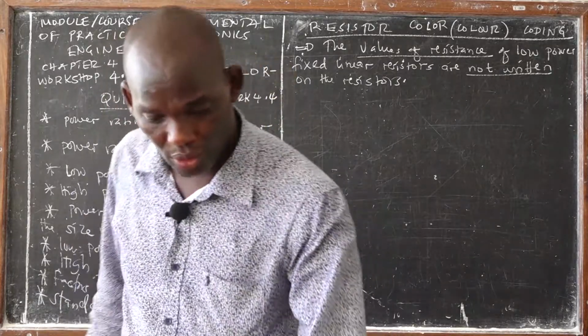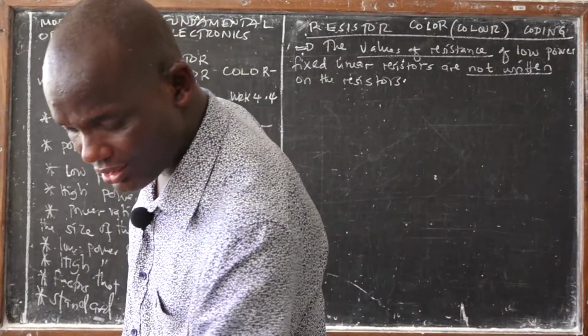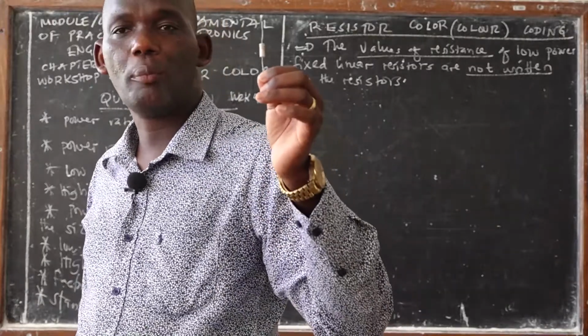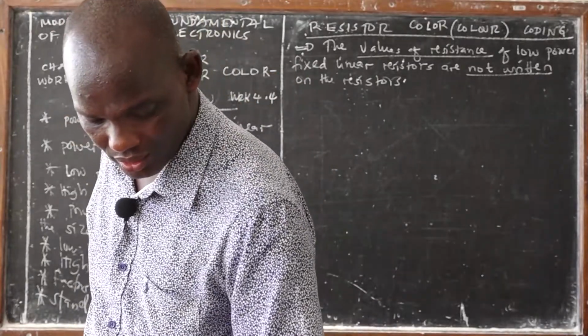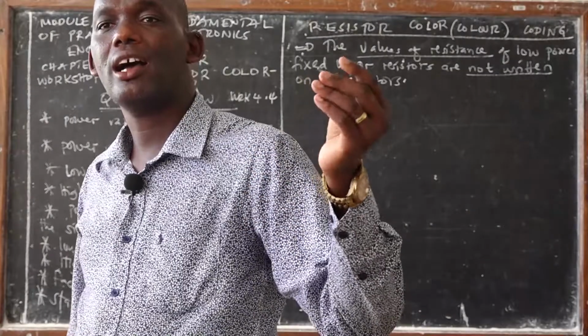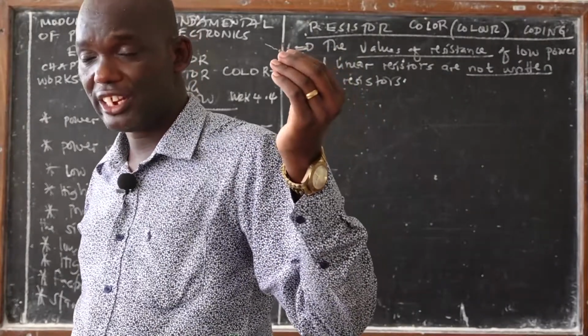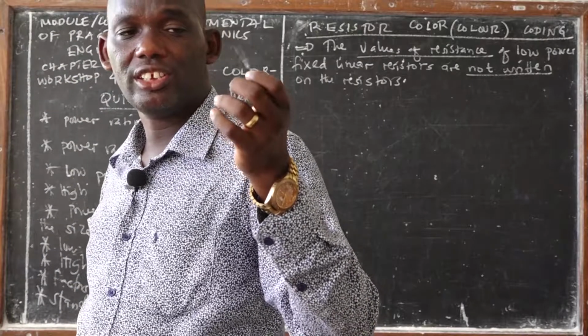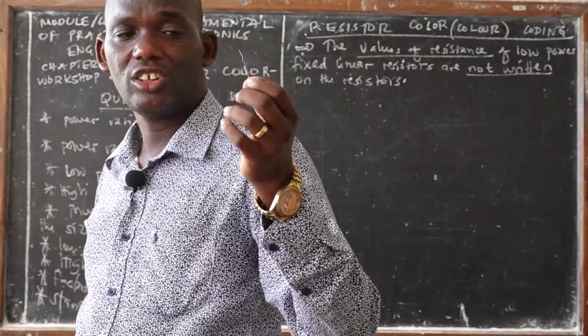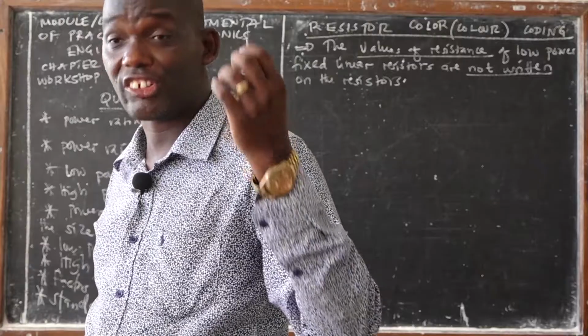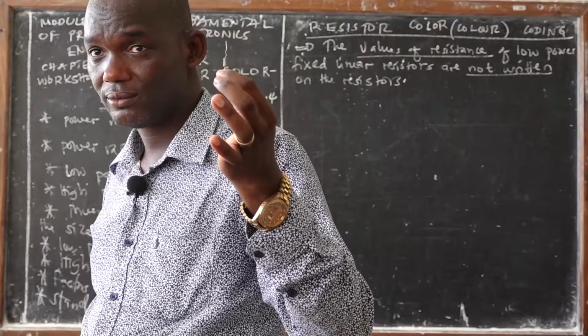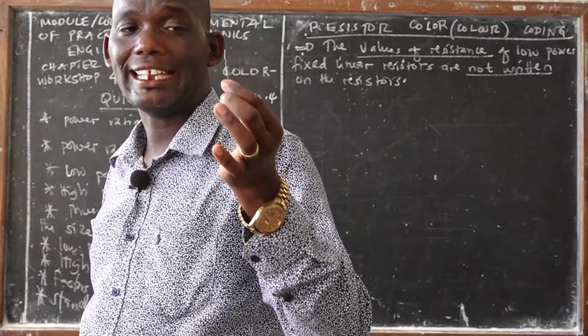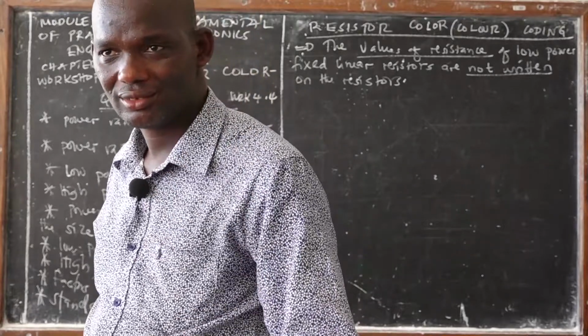This is a simple example of a low power linear fixed resistor, right? But when you check this low power resistor, there is no label of its resistance on top of it. And that's why it has a color coding.